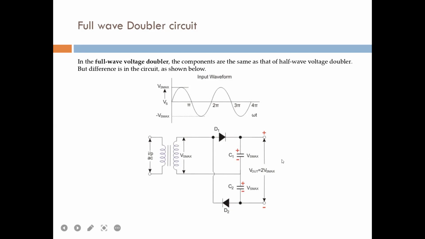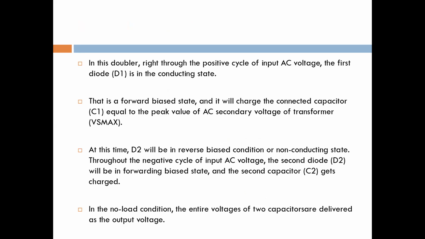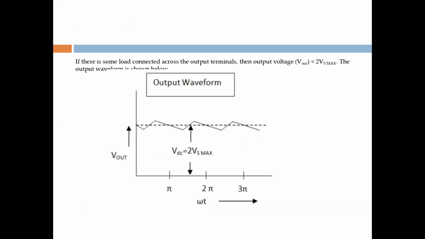So we get an output voltage that is double the input voltage, 2 Vs maximum. So it is called a full wave doubler. The components are the same, only they are placed in different places. You see here the output waveform, 2 Vs maximum.